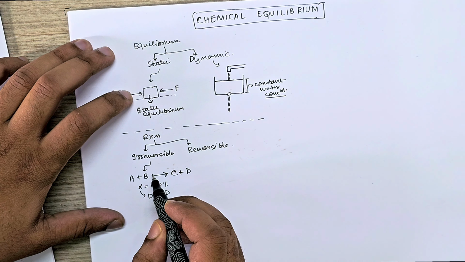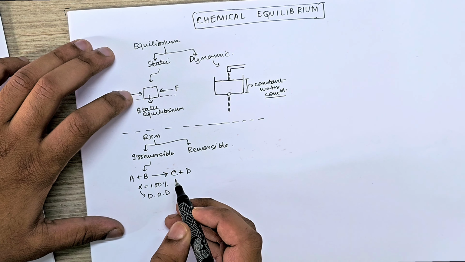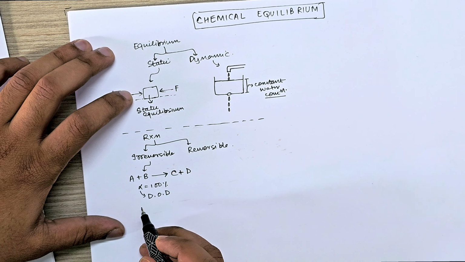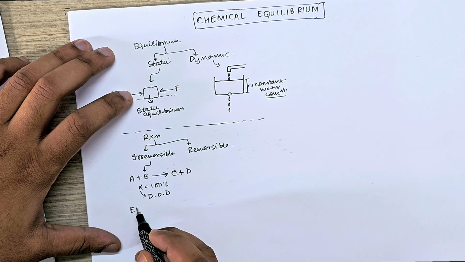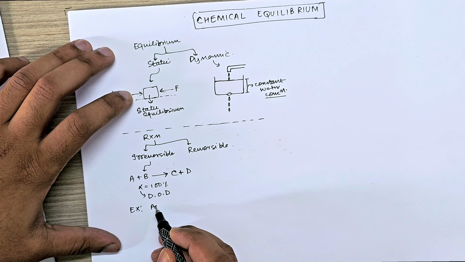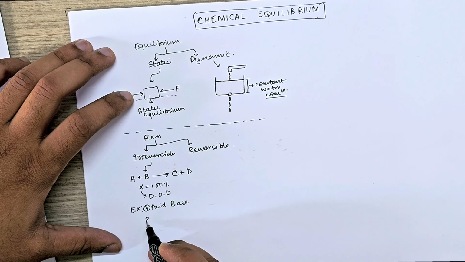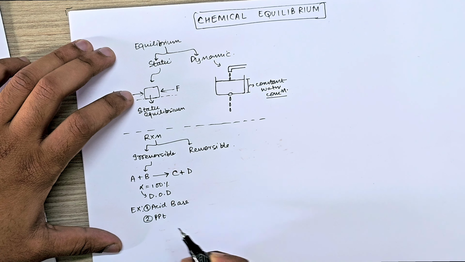So here I am not drawing a reversible sign, so this denotes that this reaction will not go backward in direction. Examples of irreversible reactions are acid-base reactions, and your PPT reactions.